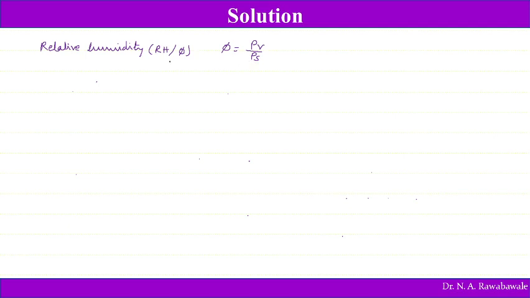So to find PS, corresponding to the dry bulb temperature DBT, which is 30 degrees Celsius, from the steam table, the pressure P is equal to 0.04242 bar.